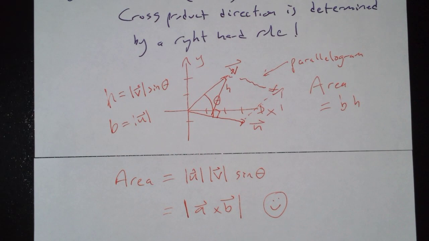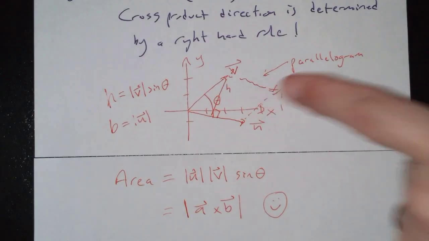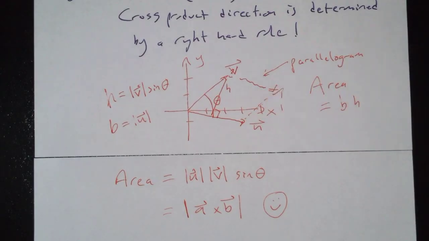So it turns out that in our example, we end up with exactly 8 square units in this parallelogram. The dot product was AB cosine theta. Cross product is AB sine theta.